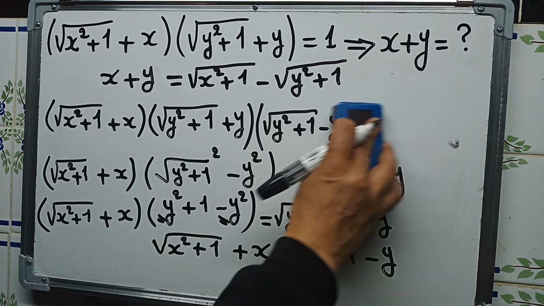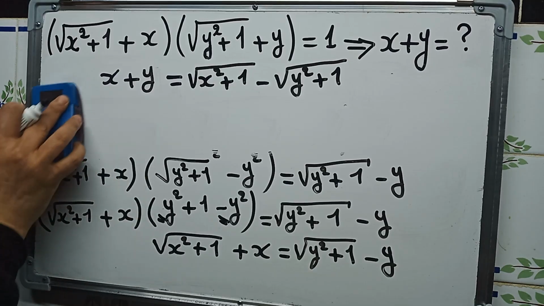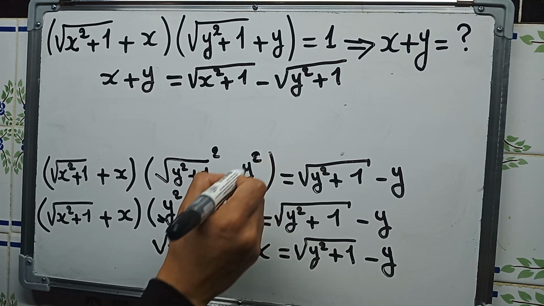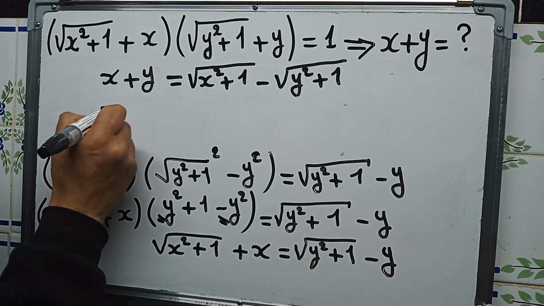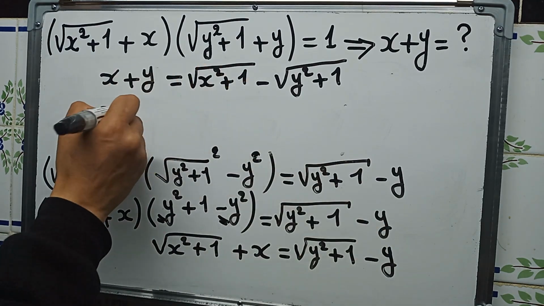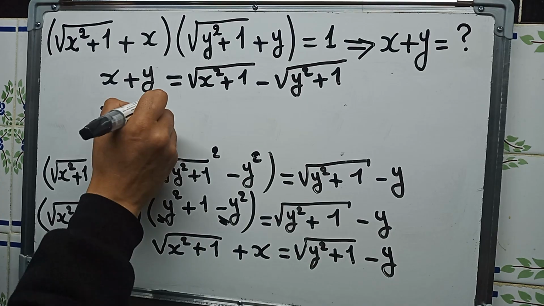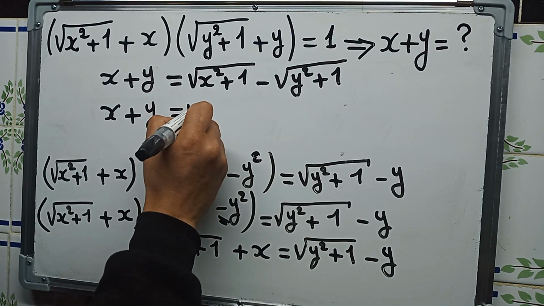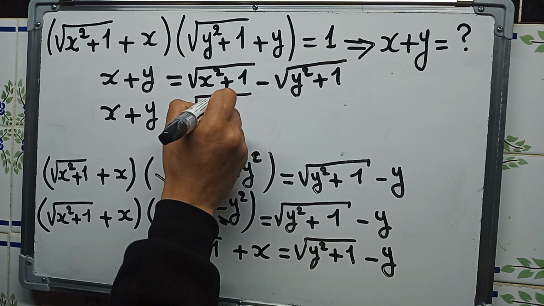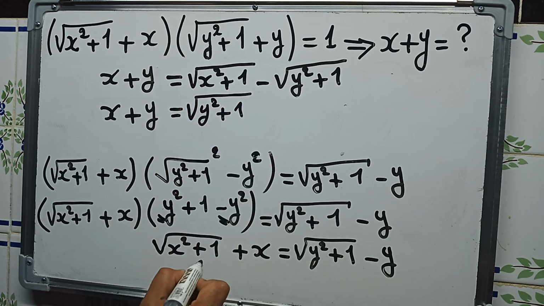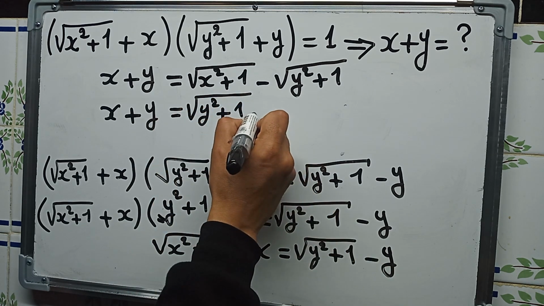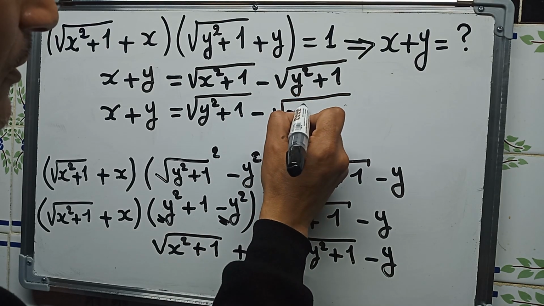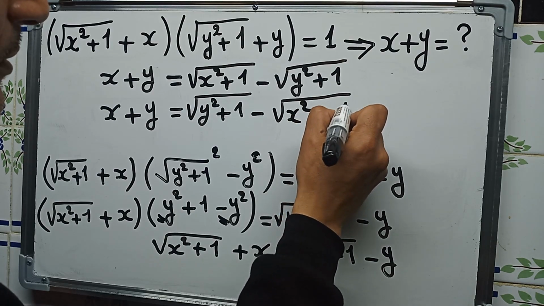So I will write it just here. The second equation. Here we have x, and minus y comes to this side. It will become plus y. And this number stays here, square root of y squared plus 1, and this number goes to the other side. It's minus square root of x squared plus 1.